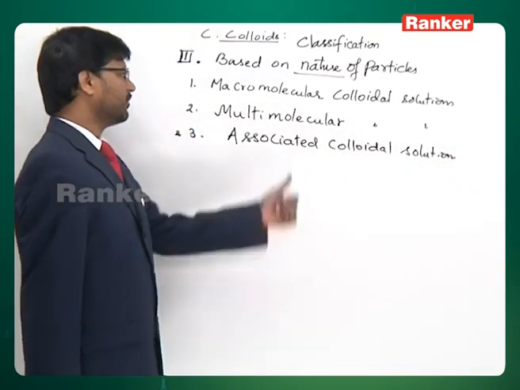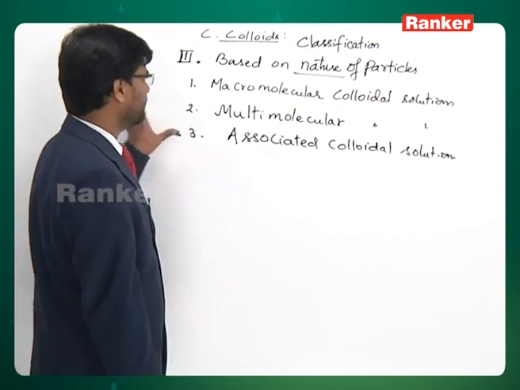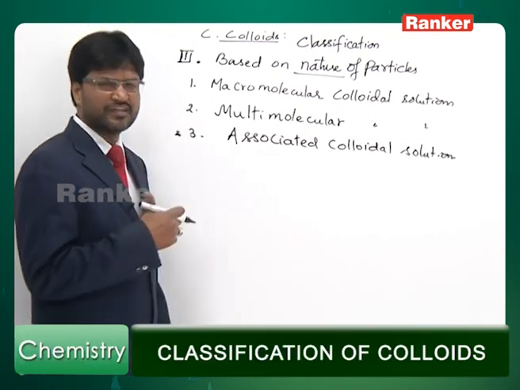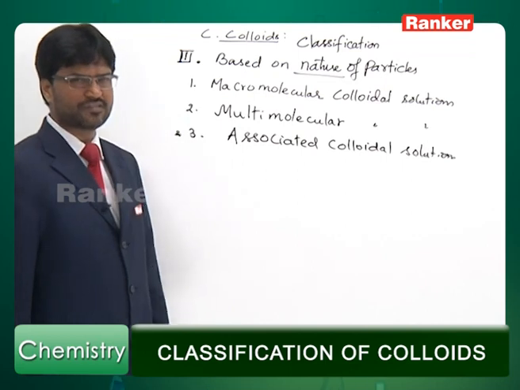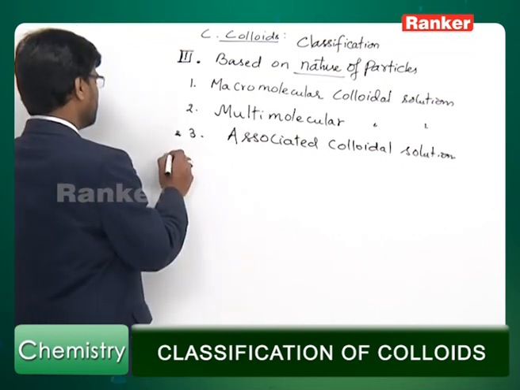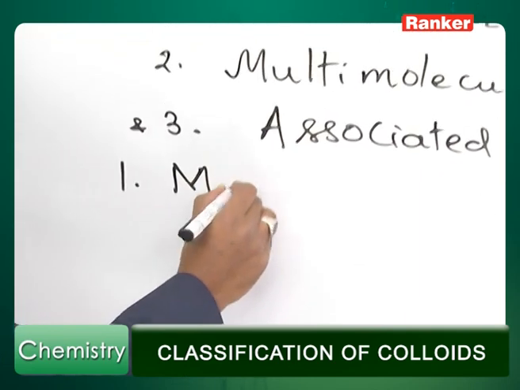So, let us talk about these types of colloidal solutions one by one. This classification is based on the nature of particles present in the colloidal solution. Let us take up number 1, macromolecular.